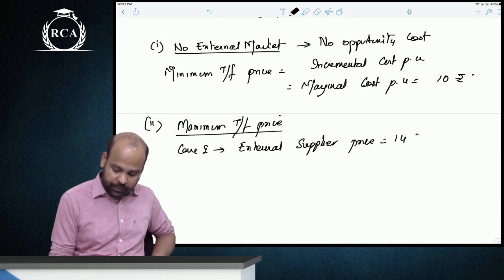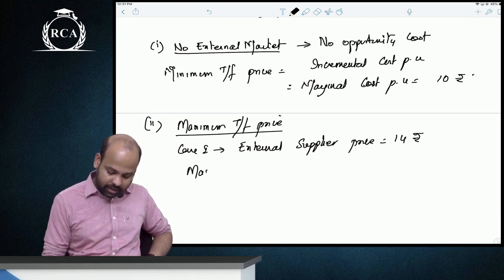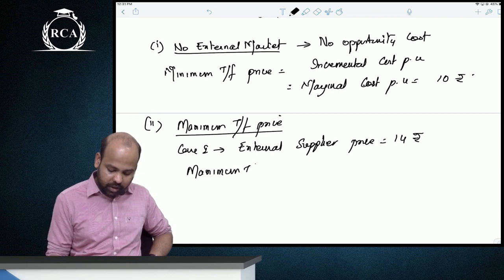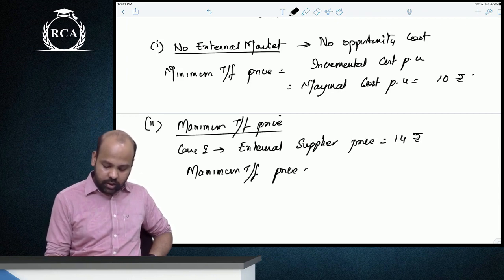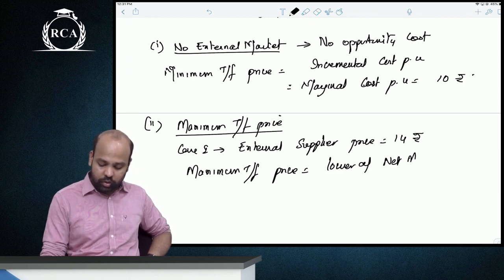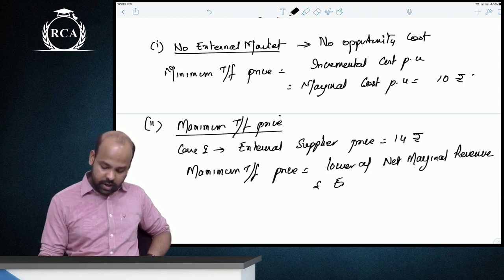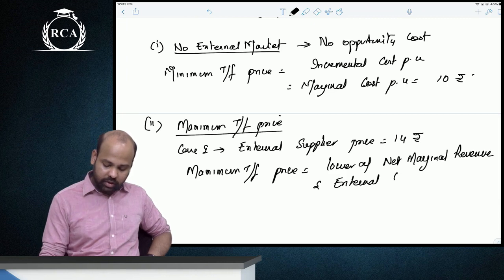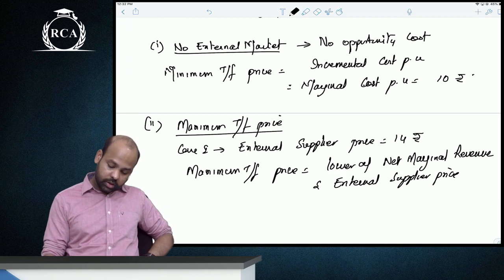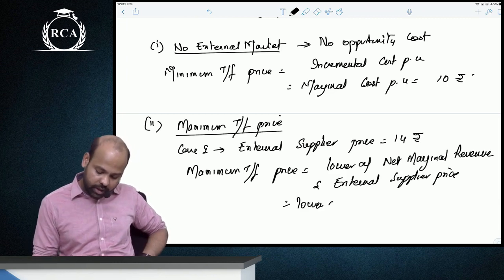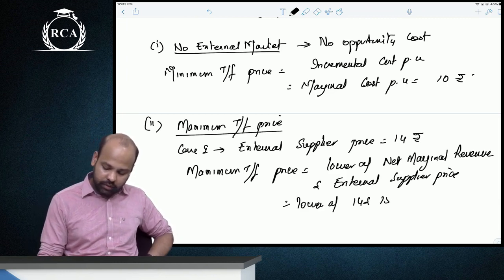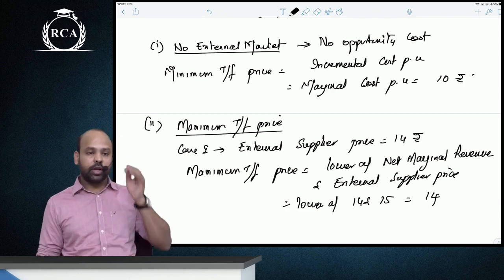Do not forget, maximum transfer price is the lower of net marginal revenue and external supplier price. Yes or no? Yes, sir. So that would be the lower of 14 and 15, that is 14 rupees.